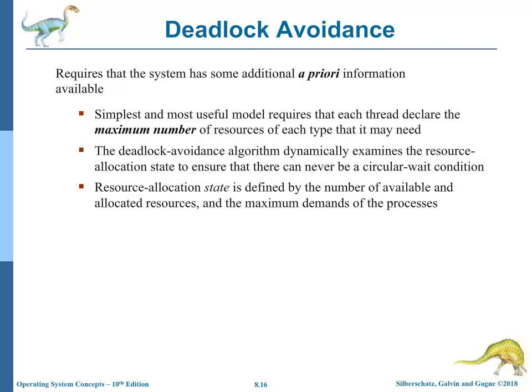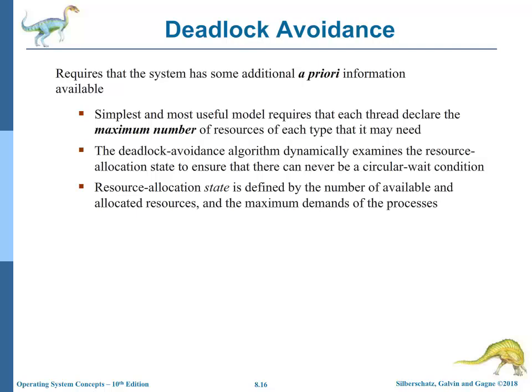Given this prior information, it is possible to construct an algorithm that ensures that the system will never enter a deadlocked state. A deadlock avoidance algorithm dynamically examines the resource allocation state to ensure that a circular wait condition can never exist.